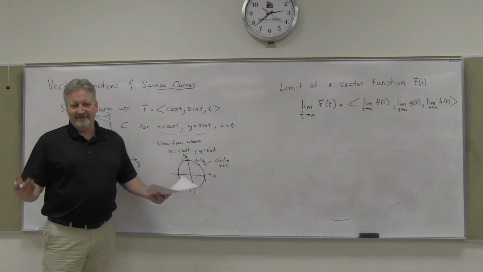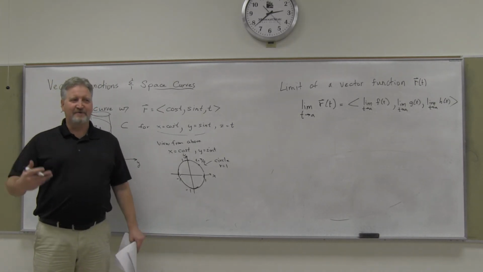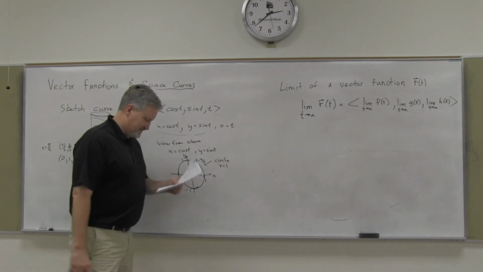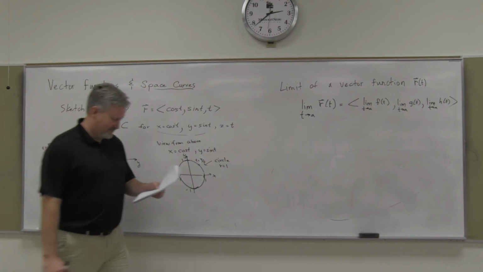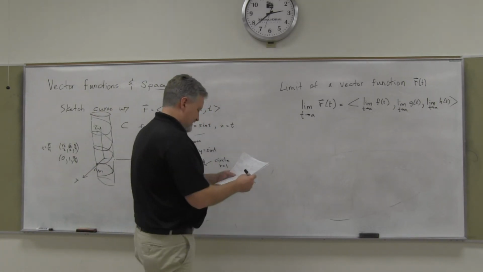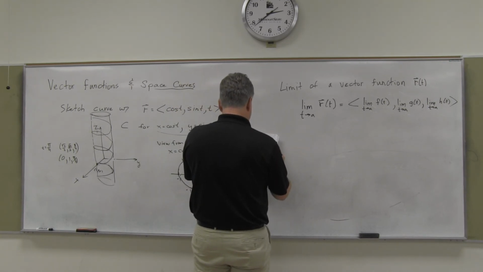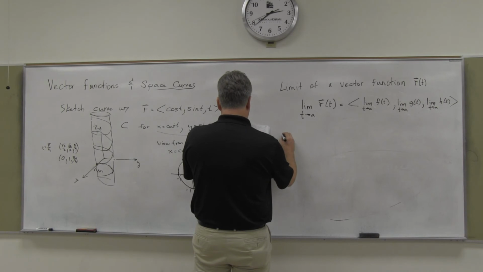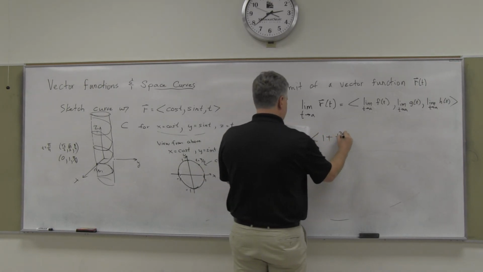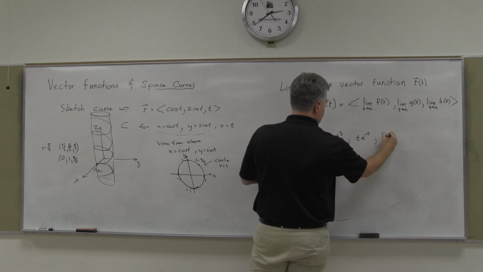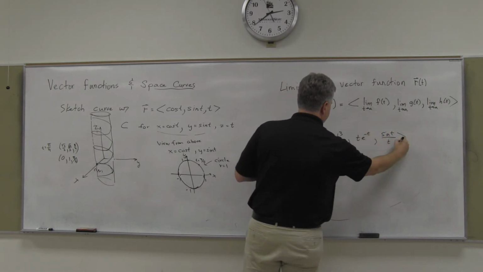Now, the catch is, you've got to remember how we do those limits. Those things will come up a little bit. This first one's not too terribly bad. All right, let's say we have r of t equals 1 plus t cubed, t e to the minus t, and then sine t over t.